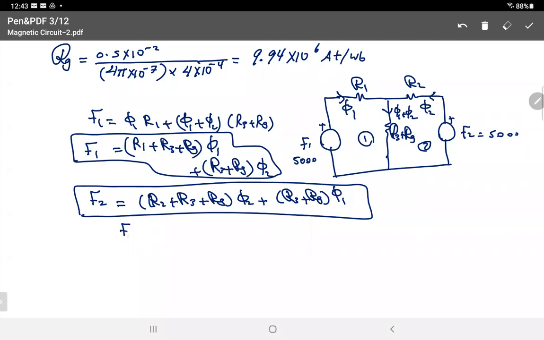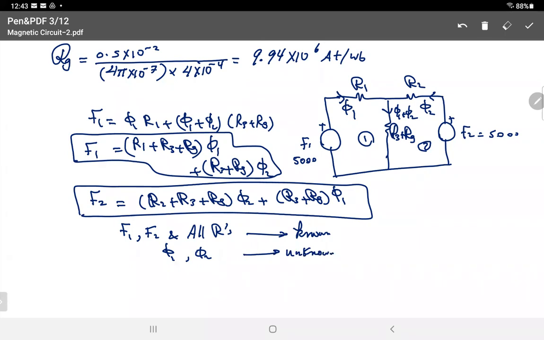The known values are F1 and F2, and all the reluctances are known. What's unknown? Phi 1 and phi 2. Two equations, two unknowns, so easy to solve using any linear technique, and then find phi 1 and phi 2.